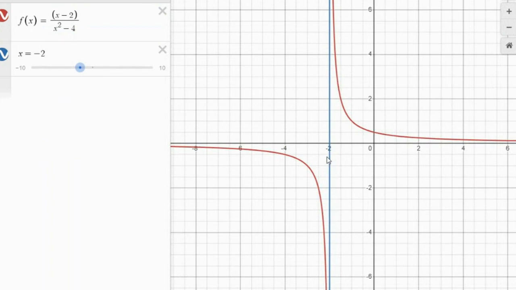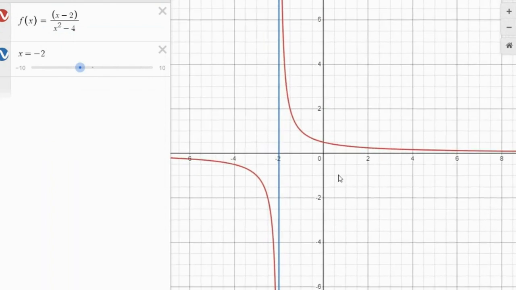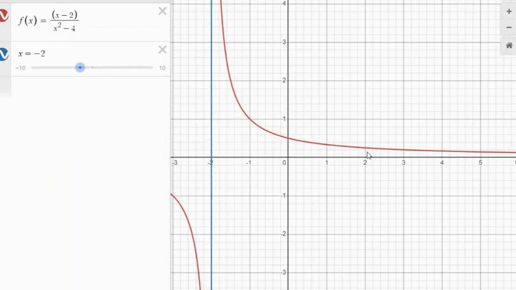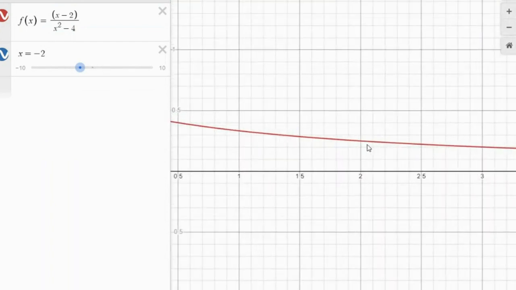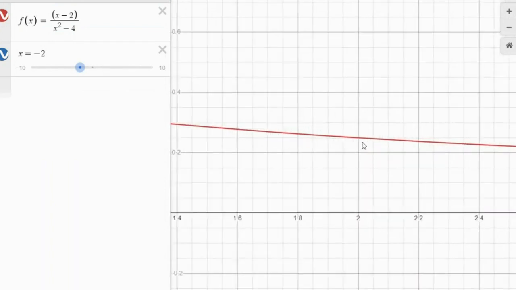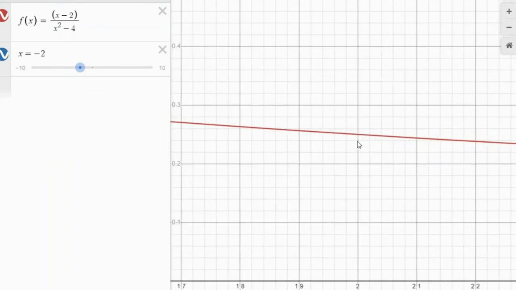But we also said x cannot be +2. Well, if we look at Desmos, it sure looks like it could be +2. If we zoom in over here where it's 2, what do you mean it can't be 2? Look, it's there. I can see it. Well, don't be fooled. If you click on that graph, here's the value of the graph where my mouse is.